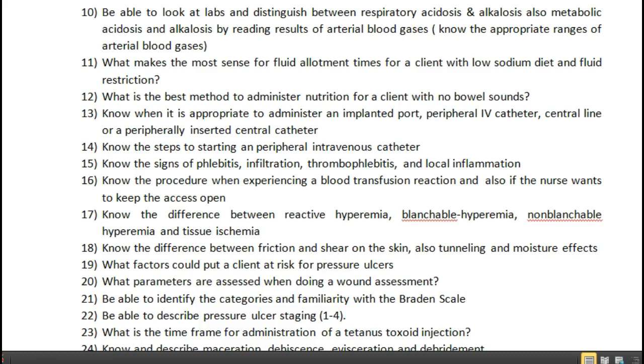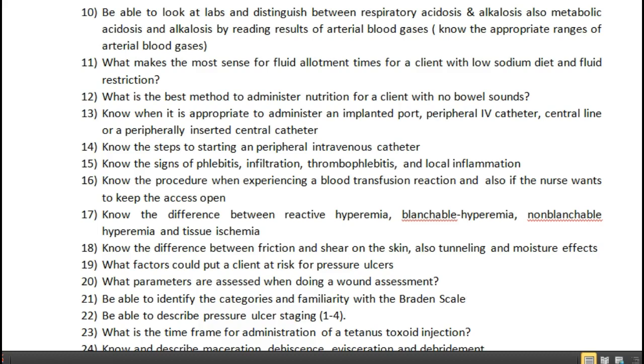Peripheral catheters, like the number 20 or number 18 catheter you insert when just starting an IV, are for short term.